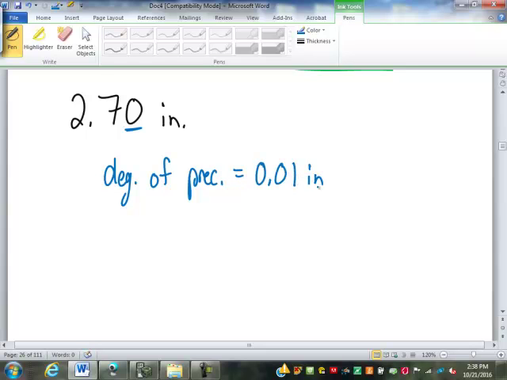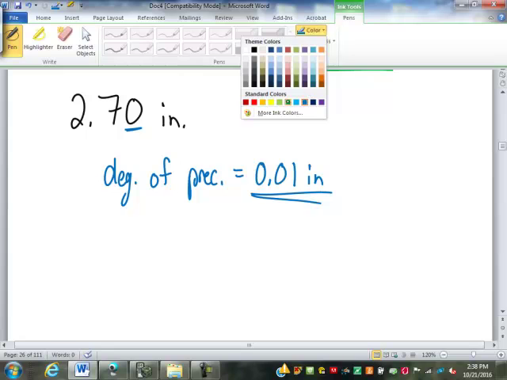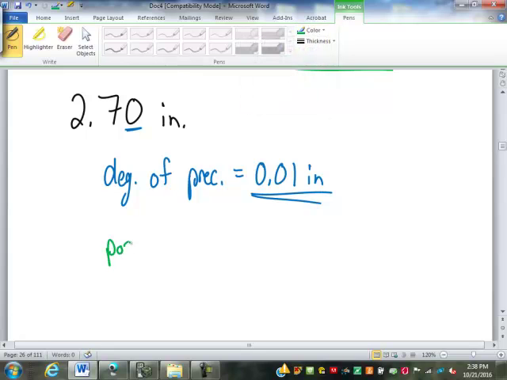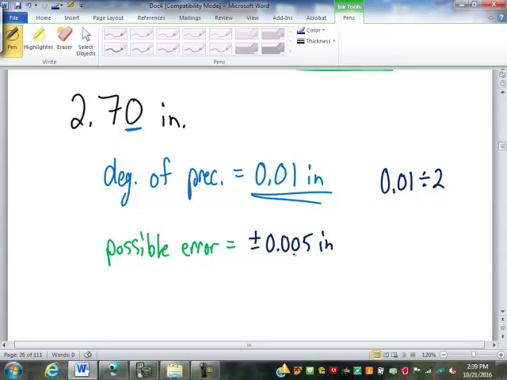Good. So it's in the hundredths place. 0.01 inches is our degree of precision. Our possible error, 0.01 divided by 2, 0.005. Very good. Plus or minus 0.005.